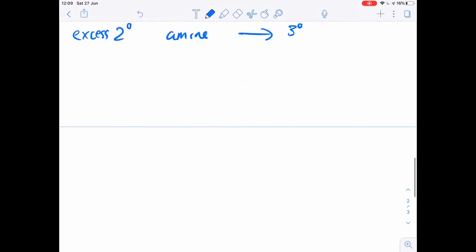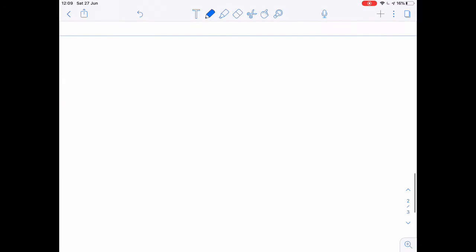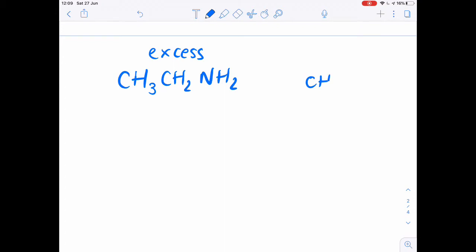Let's have a look at an example. Let's take an amine in excess. So we've got this amine and it's in excess, and we're going to react it with a halogenoalkane that's not in excess. So let's just have a nice simple one. Let's have CH3Cl.